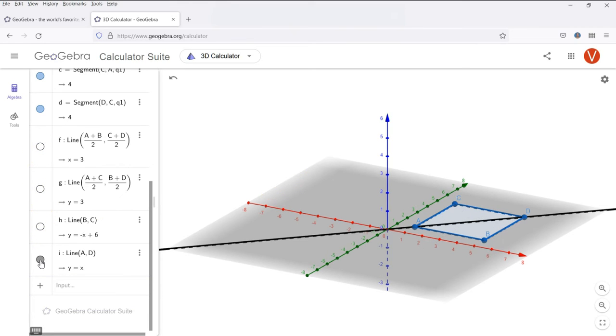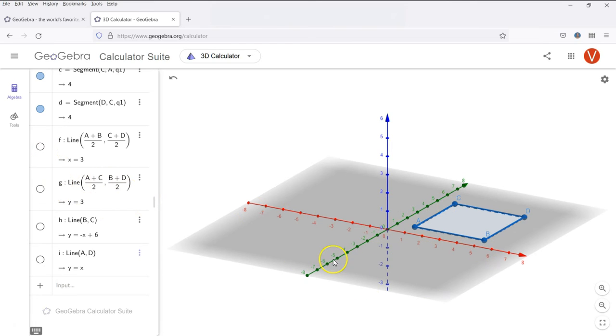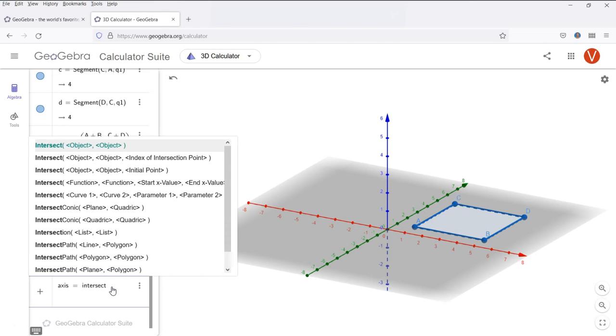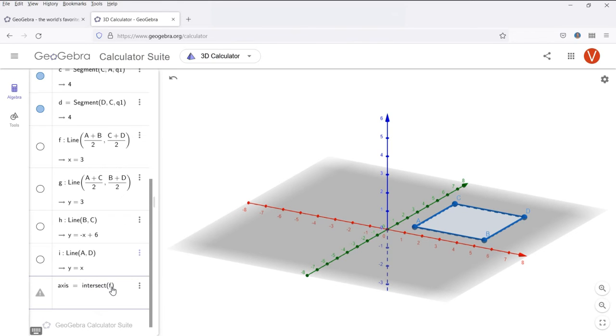Let's take it one by one. So let's take the rotation part first. Now we require the axis of rotation. So axis would be the intersection of any of these two lines of symmetry. Intersect f comma g.